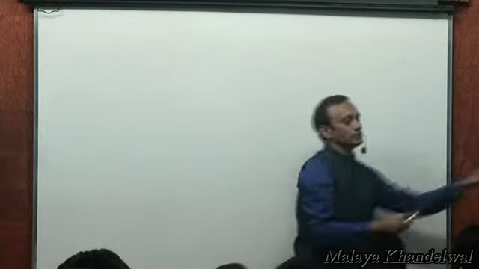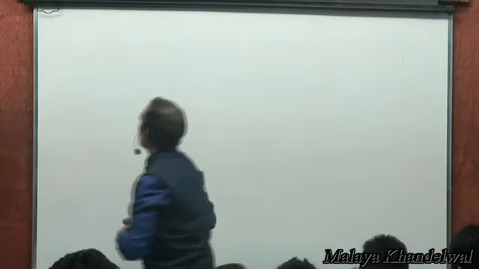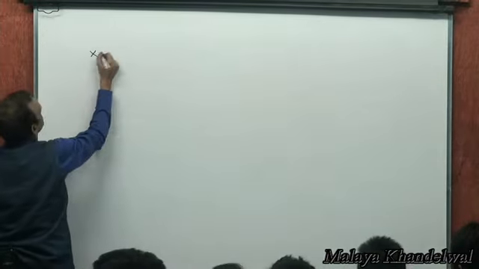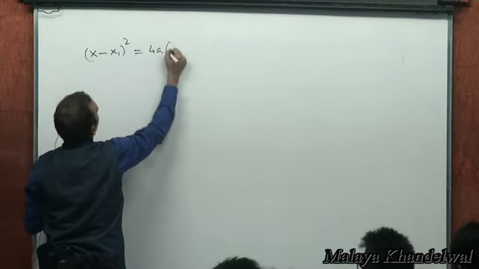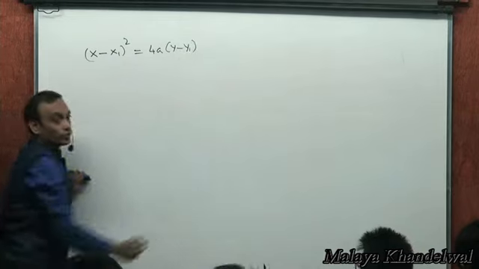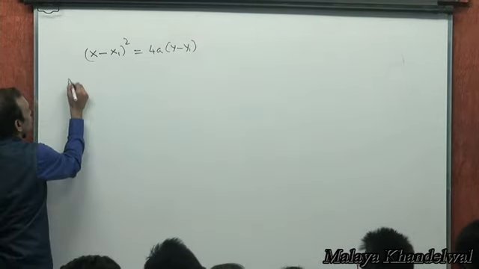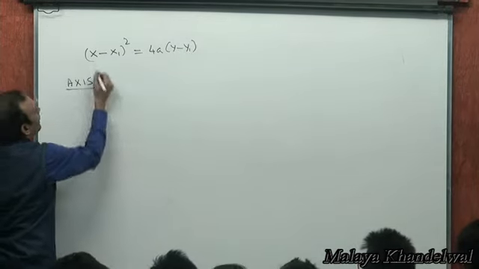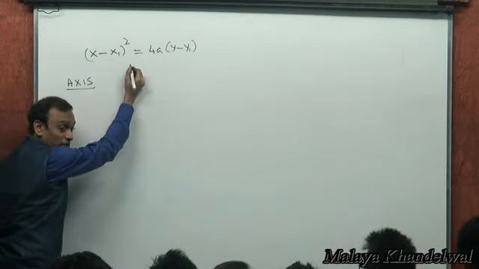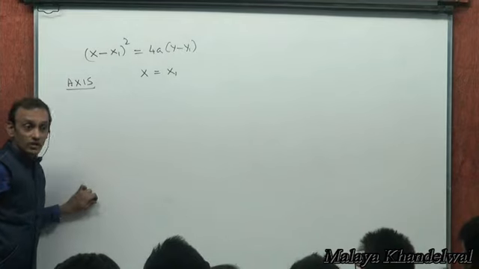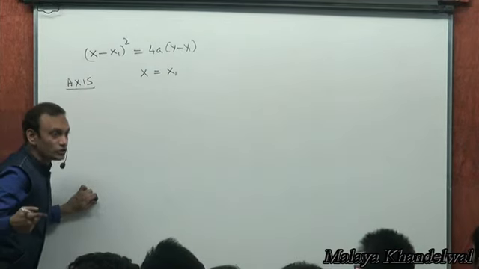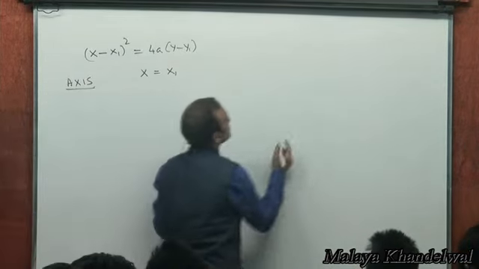Now, if I had x minus x1 whole square equal to 4a into y minus y1. This is a parabola whose axis of symmetry is given by putting the square term equal to 0. That means x equal to x1 will be the axis of symmetry. If you put the square term equal to 0, you get x equal to x1. That's the axis of symmetry.